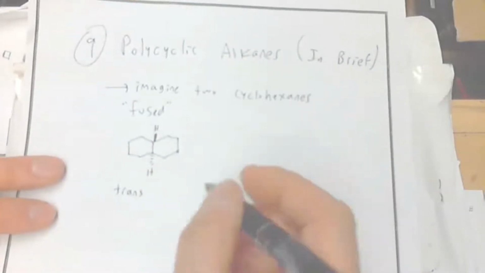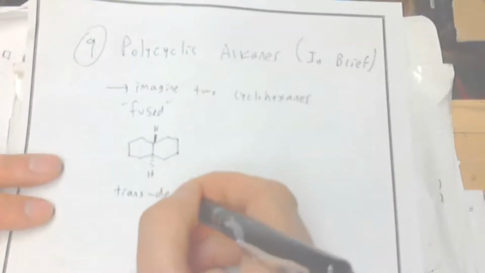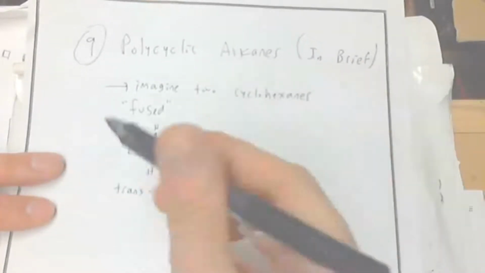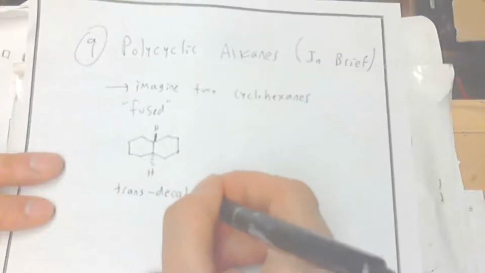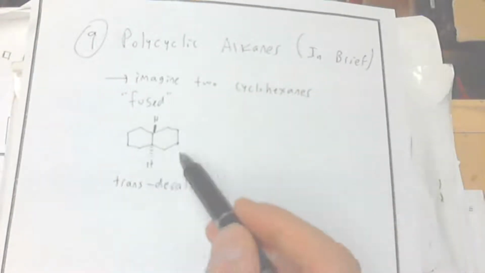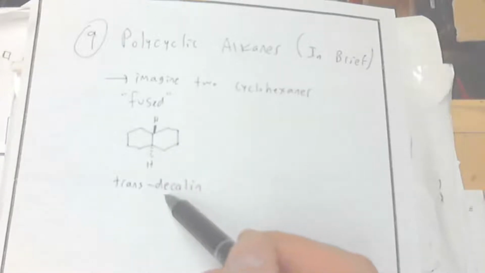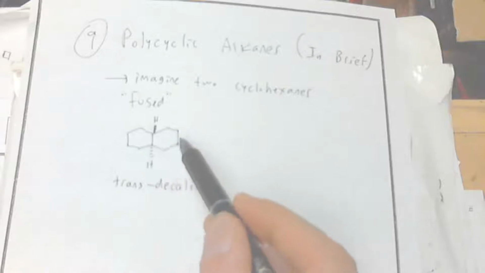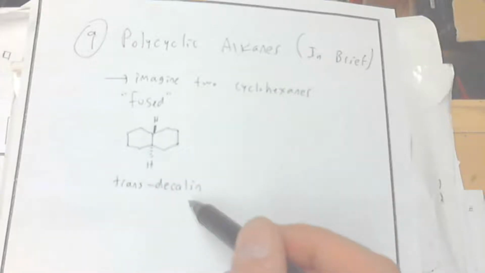It's called decalin. Trans-decalin. How many carbons is deca? Maybe 10? Well, yeah, there's 6 plus 4 is 10. So that's kind of where the name comes from.